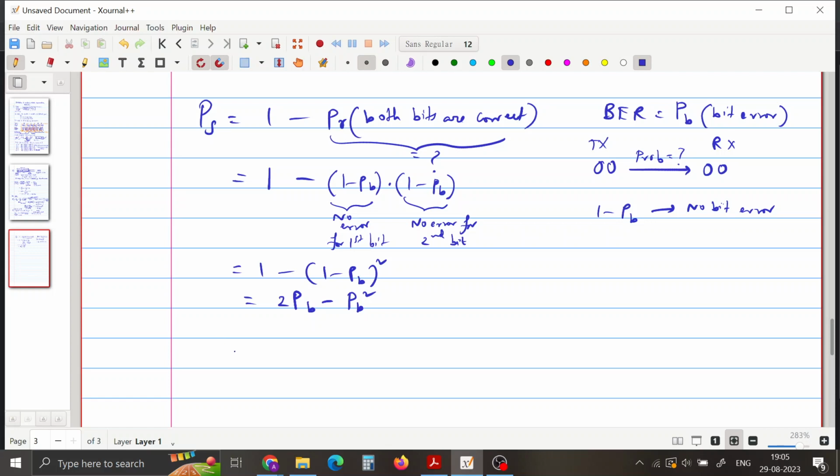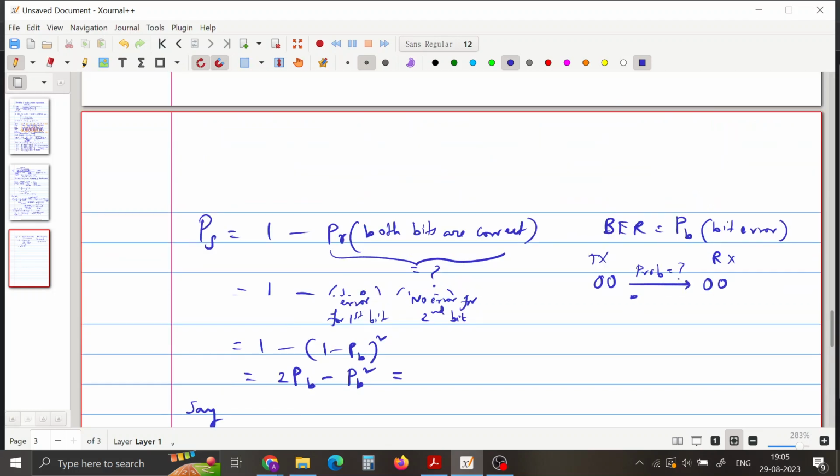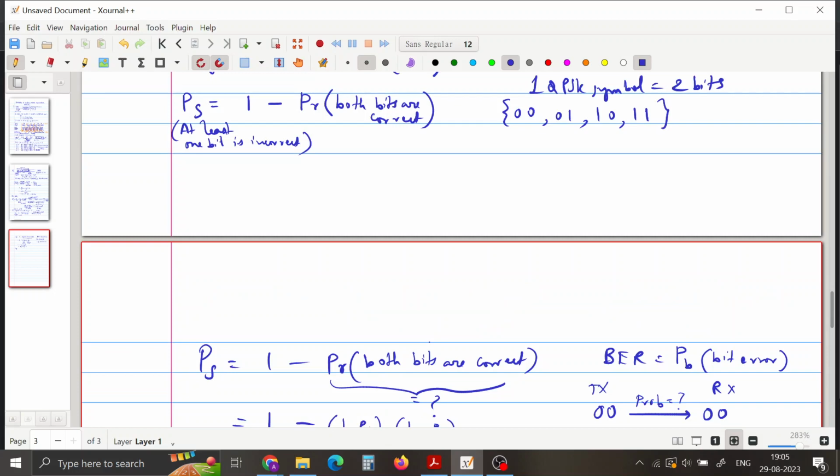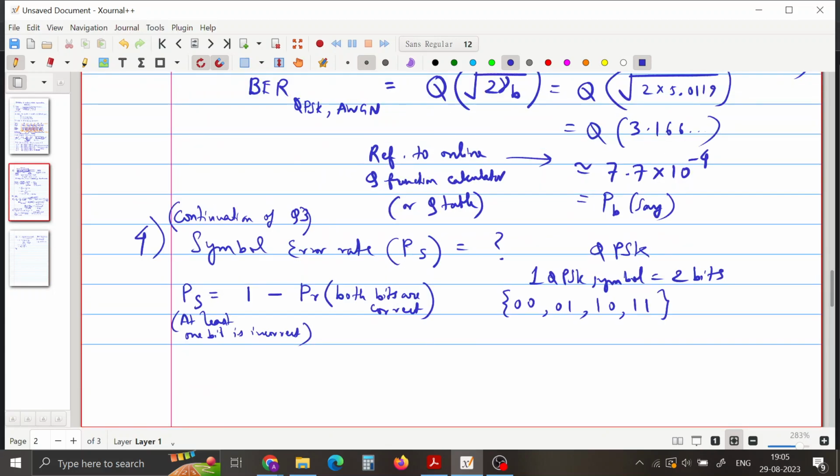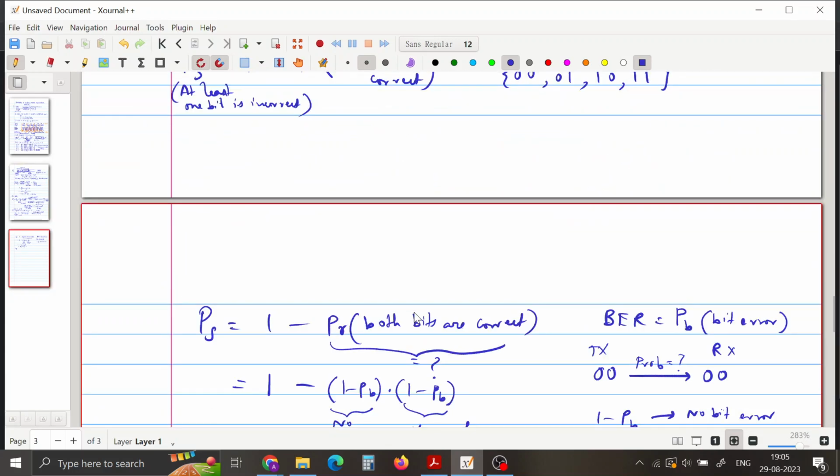And what's essentially happening here? If I calculate this value, PB I already calculated in the previous question to be 7.7 into 10 to the power minus 4.